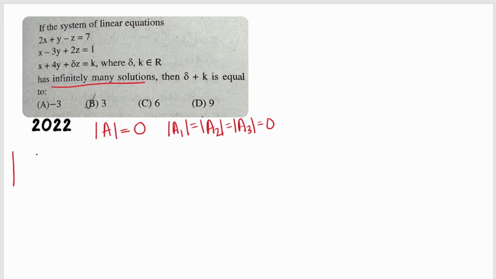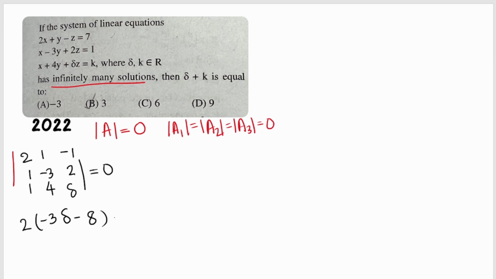Equating the determinant A to 0. That is 2, 1, 1, 1, minus 3, 4, minus 1, 2, dou equals 0. Then you have 2 into minus 3 dou minus 4, 2 fours are 8, minus 1 into dou minus 2.